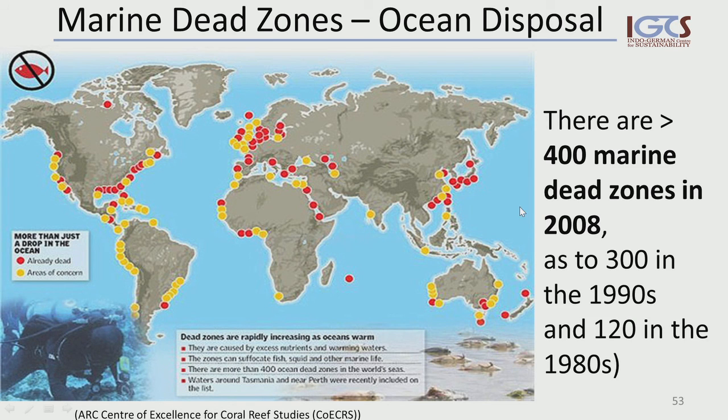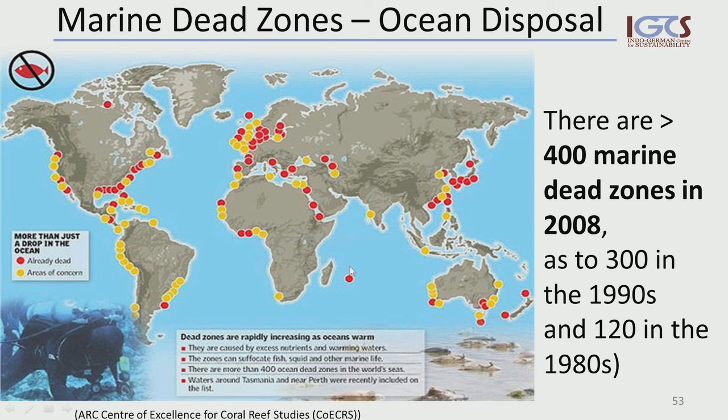So what the tendencies are: in the 1980s, when first attention came up to this because the fishery industry was hit by losses, only 120 were identified, and this has sharply increased in just 10 years and reached about 400 in 2008, and it's still increasing.